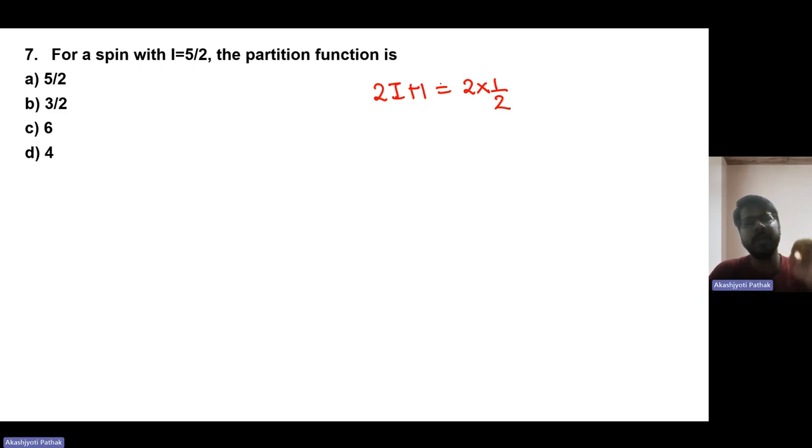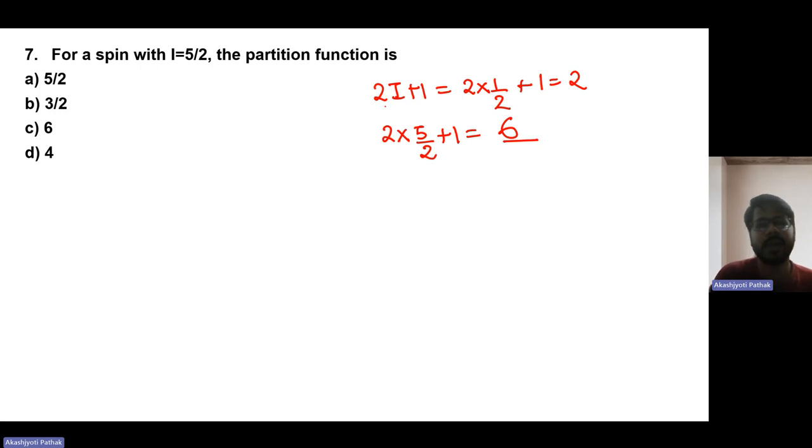For spin I equal to half, it was 2 into half plus 1, which is 2. Now in this case, I is 5 by 2, so it will be 6. So the correct answer is option number C.